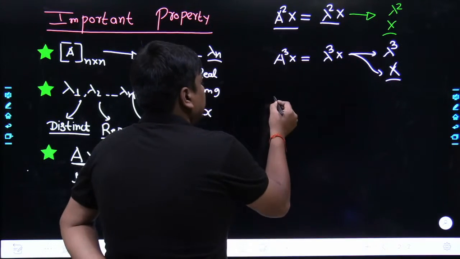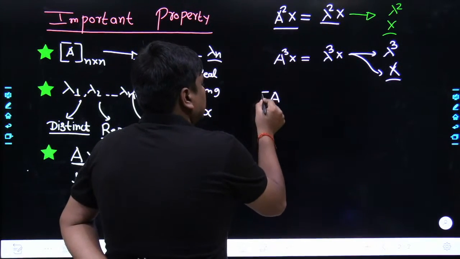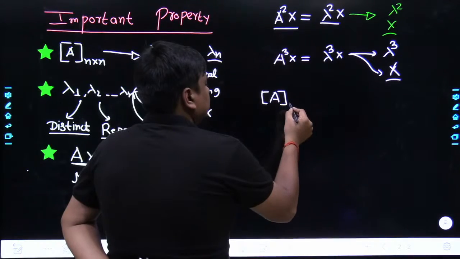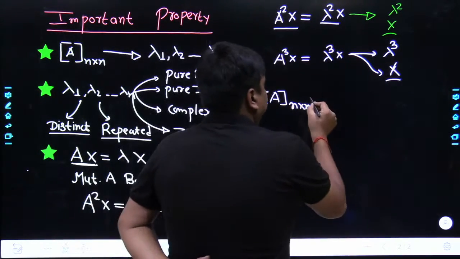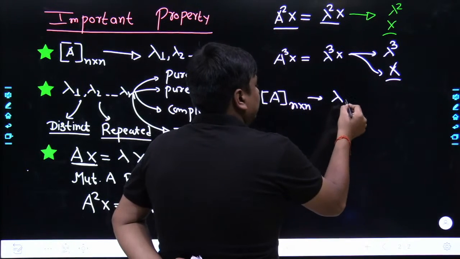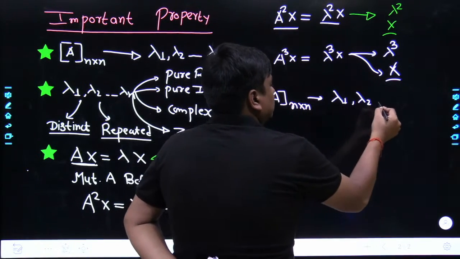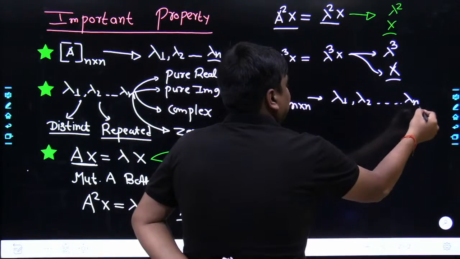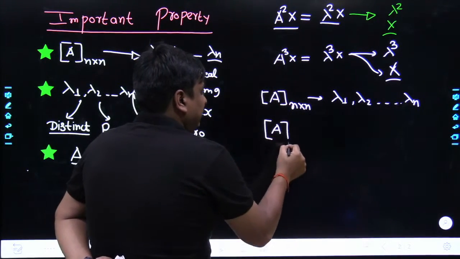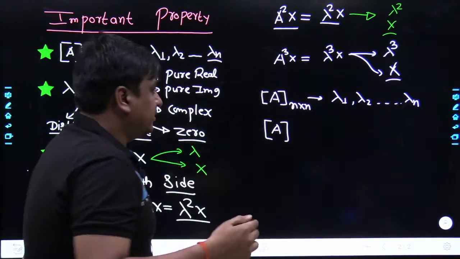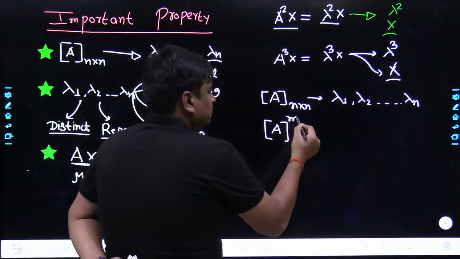So you can say if you have got a matrix A, let's take its order is n cross n, and its eigenvalues are lambda 1, lambda 2, till lambda n. Now what you did? You raised the power of that matrix. That means you have made a new matrix, let's take it's A to the power of m.